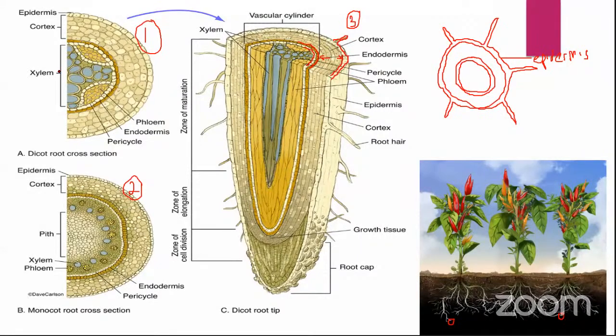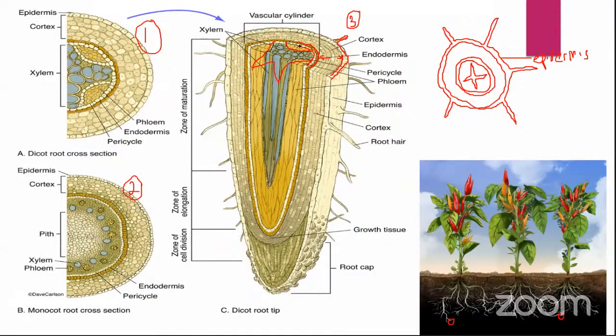Now for the case of the dicot, the transverse section through the dicot root, the xylem is in the form of a star. If you can see this, it's just that it is halfway, but it's supposed to be in the form of a star shape. So I can draw the star shape like that.